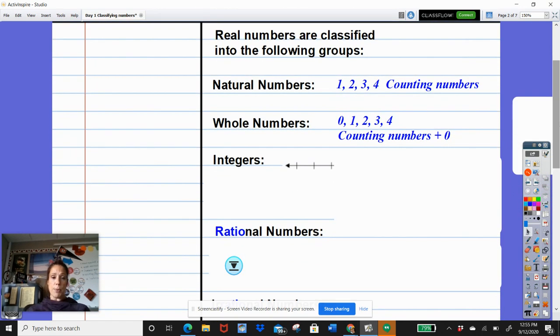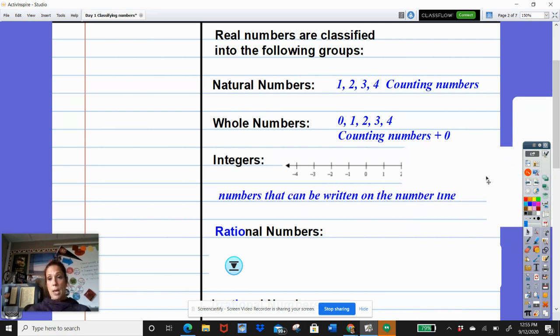The next group of numbers are known as integers. So integers are what you can put on your number line. And so I have a number line here for you. And notice that the number line doesn't stop at 0. It goes the other direction. So integers are numbers that can be written on the number line.